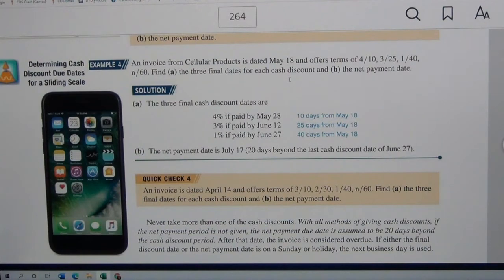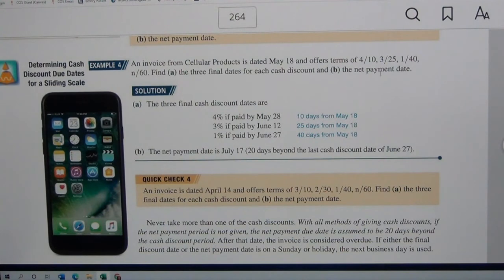So what does that leave us? That leaves us 13 days in May, and we're looking for 25. So we'll take the 25 and subtract 13, and that leaves us with a remainder of 12 days. So we'll end up on June 12th.